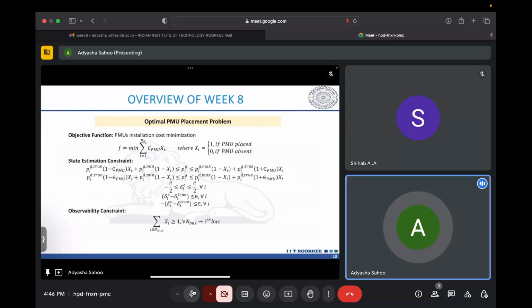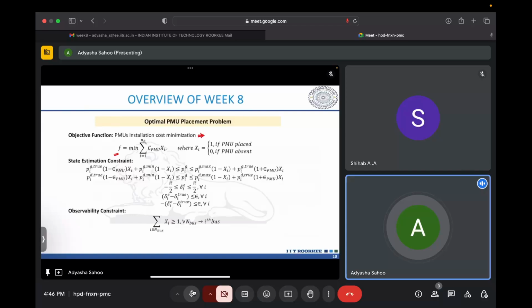Now we will see why we need this DC OPF model to be incorporated into the optimal PMU placement model. For the optimal PMU placement problem, your objective function is to minimize the PMU installation cost. So for that, we are minimizing the objective function, where I is from 1 to NB.